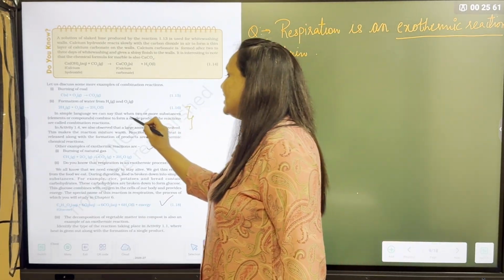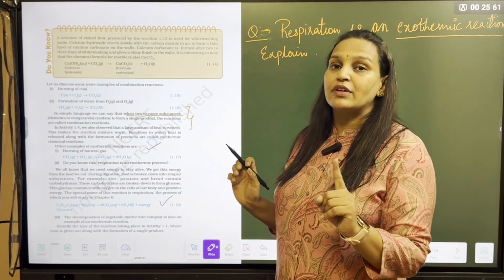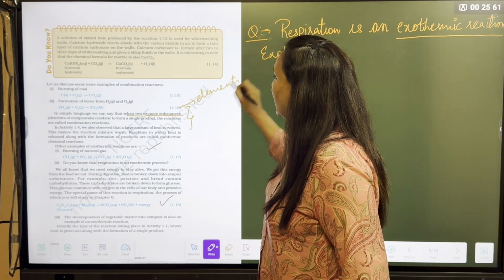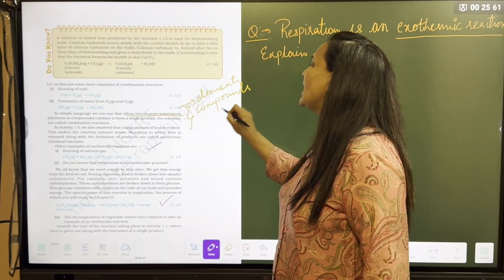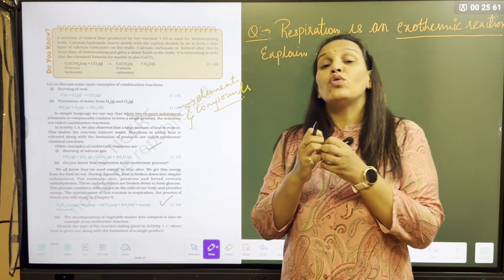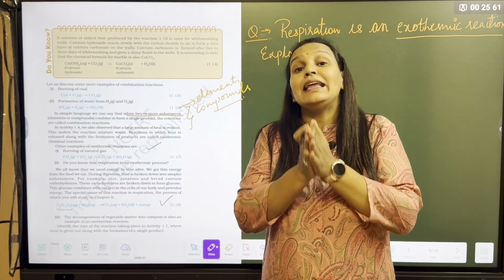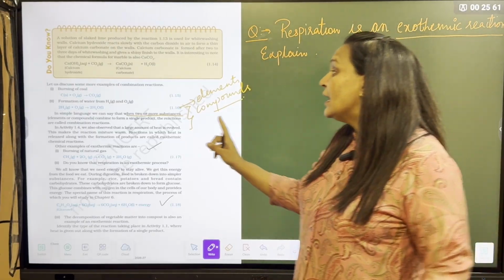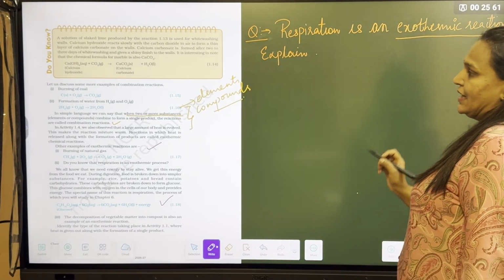Combination reaction means when two or more substances, and by substances I mean elements or compounds, combine in a fixed ratio to form a single product, that reaction is called a combination reaction.